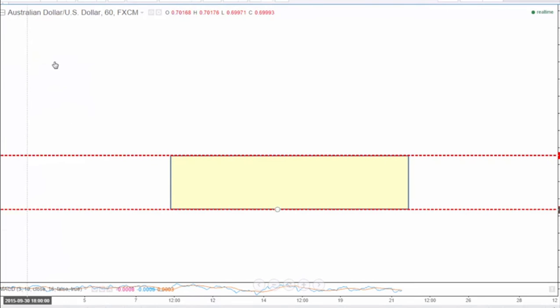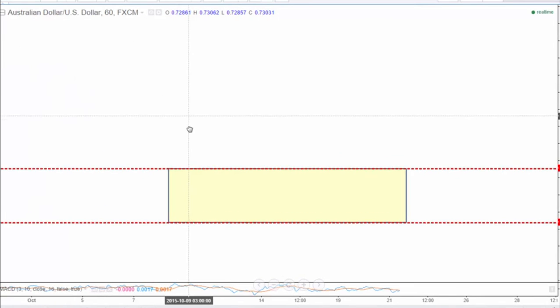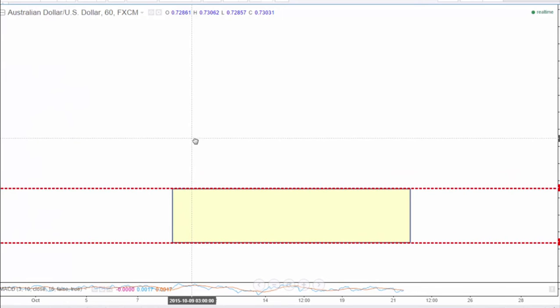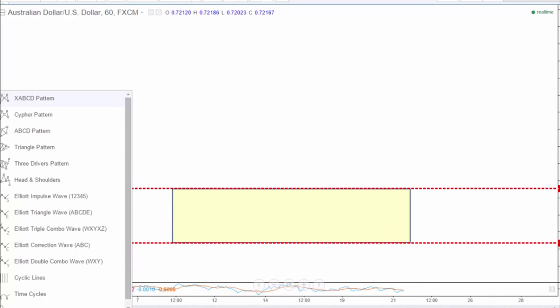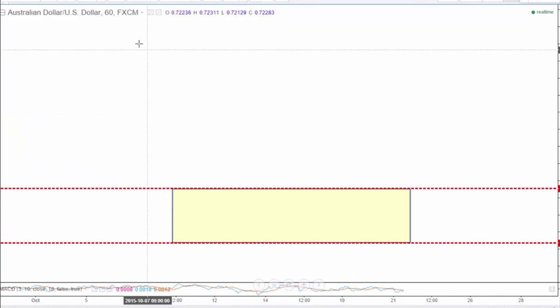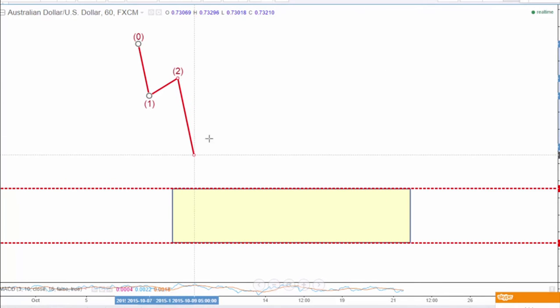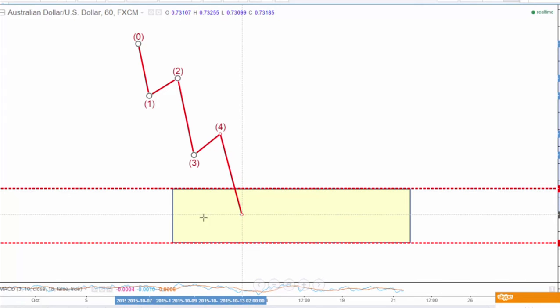I like to identify where in the trend we are. A couple of ways to look at it. Let's take this Elliott wave. The market's doing its wave, doing its wave, doing its wave, and then pushes down into the zone.